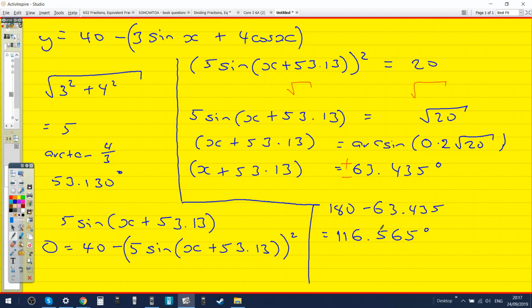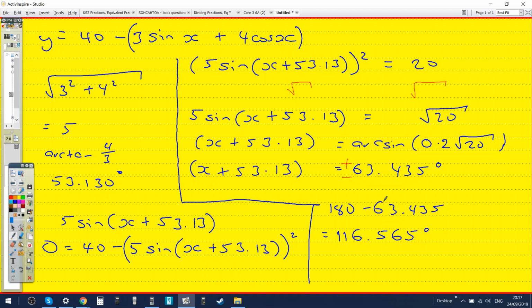You got a second answer by doing 180 minus your first answer. So now do that with the negative one. So you know how you did 180 minus 63.435? That was with the plus answer.